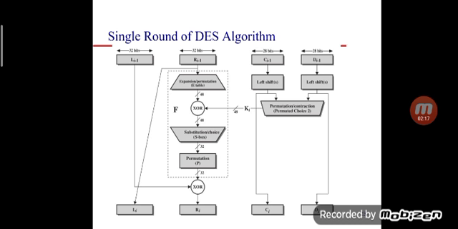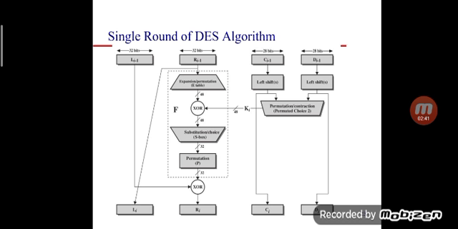By using the expansion function we add certain bits into the plain text. The 32 bits are converted into 48 bits, and then we do the XOR operation with the key.